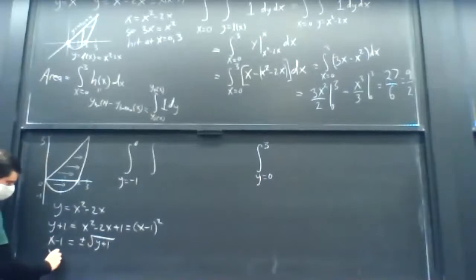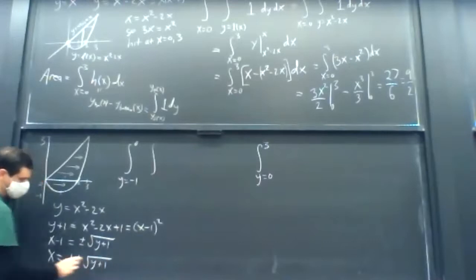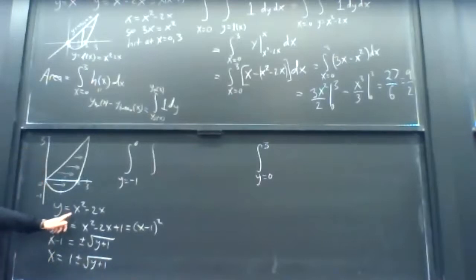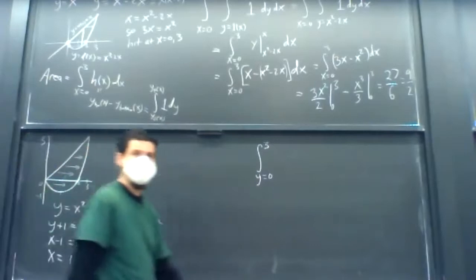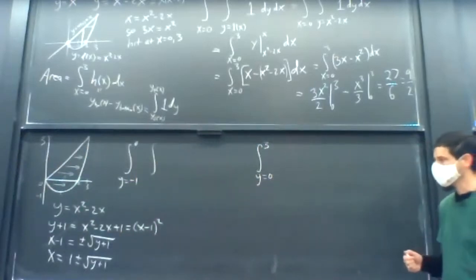So x is 1 plus or minus the square root of y plus 1. If you use the quadratic formula directly, you would also get this. So it doesn't really matter which way you do it. If you are able to see the adding 1, that's a nice trick.